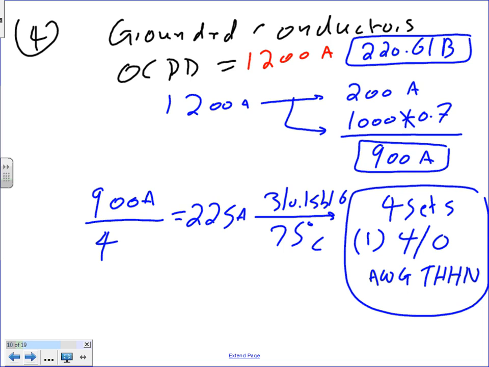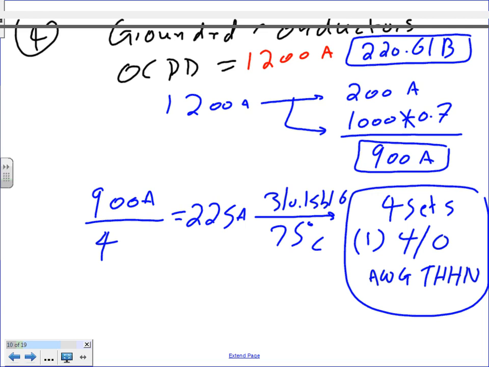Almost there. Any question, guys? Nick, does it make sense? I just missed you on that last one. You can't parallel conductors less than 1/0 by code. So if that number was less than 1/0, like if I came up with number 2 here, I have to up it to 1/0.